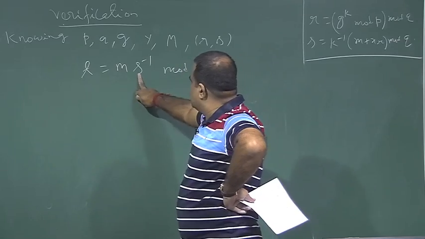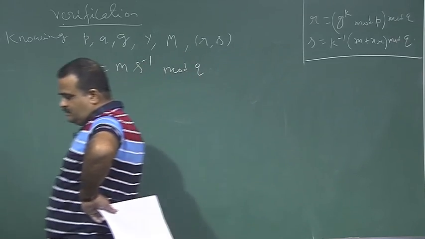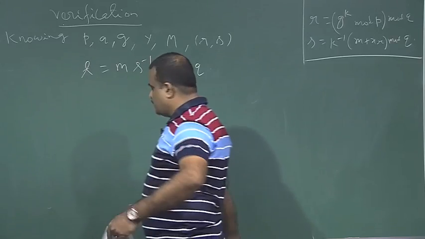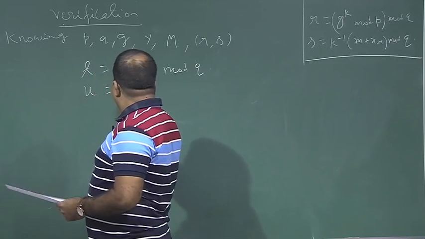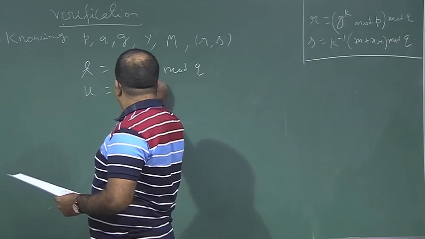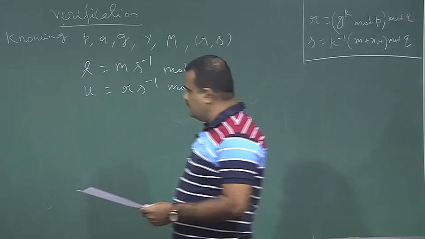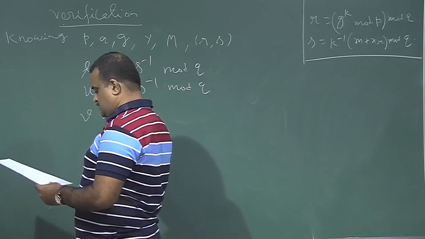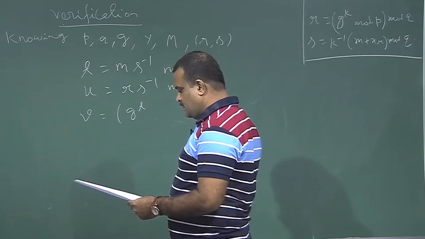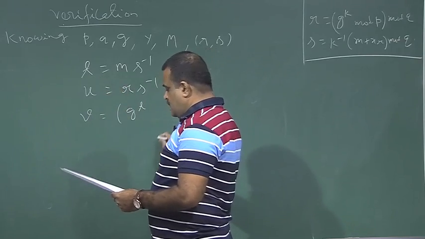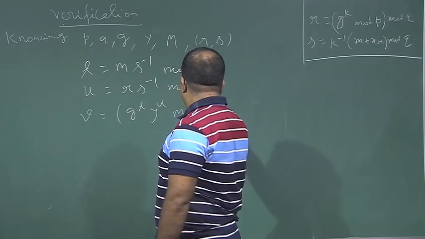So Bob can get the S inverse by the extended Euclidean algorithm. Okay, T Bob can calculate. U is also r S inverse mod Q. This can also be computed, and V is basically g to the power T, y to the power U, mod P, mod Q.